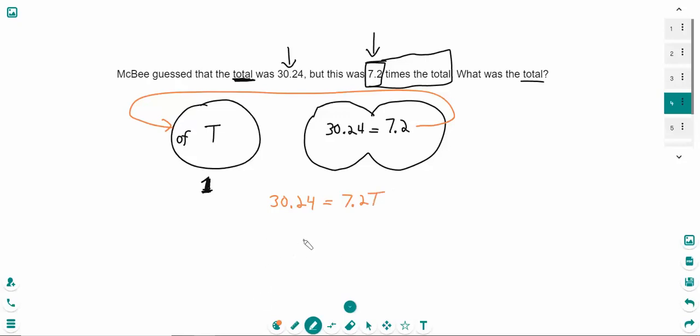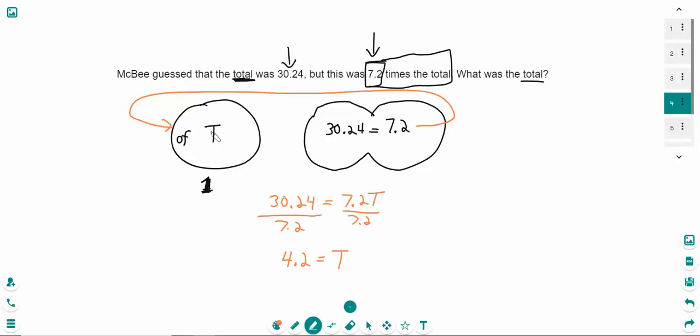So now we need to do a little bit of computation here. We're going to solve for t, so we're going to divide both sides by 7.2, right? And when we do that, we're going to end up with, and I'm going to cheat and pull out my calculator here, 30.24 divided by 7.2, 4.2. 4.2 is equal to the total, okay?